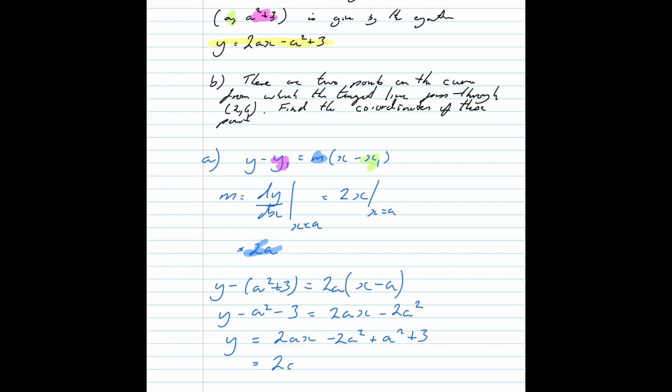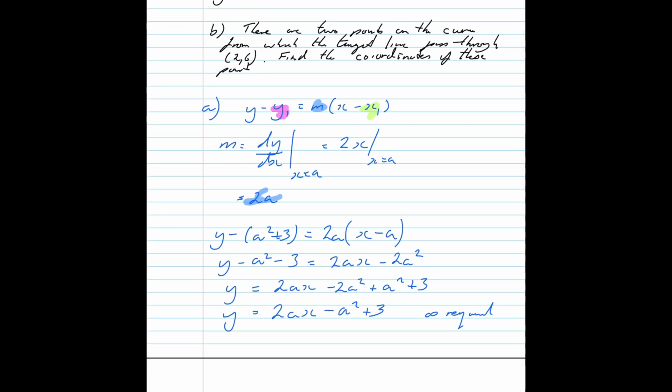Collect some like terms. And we have what's required. So we've completed part A. We've shown that our tangent line is everywhere given by this equation.